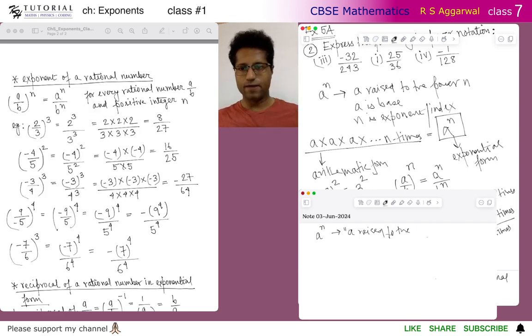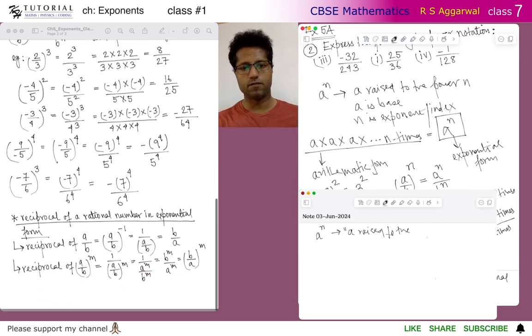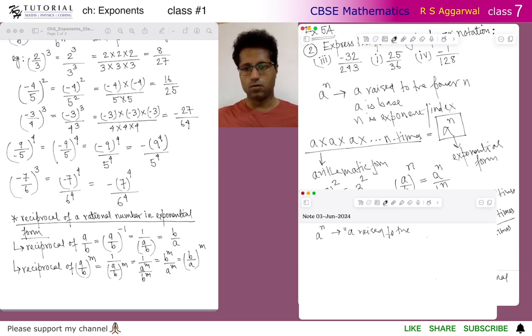So we have this formula that a rational number a by b raised to the power n equals its numerator raised to the power n divided by its denominator raised to the power n. Now, reciprocal of a rational number. We all know that the reciprocal of a rational number a by b is denoted with power minus 1.